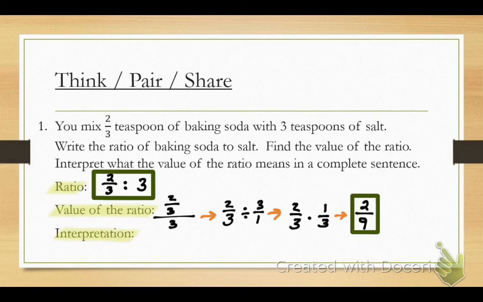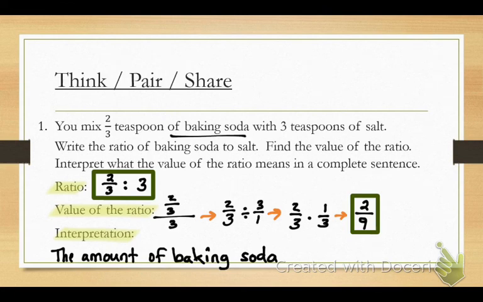All right, does anyone want to tell me what you came up with for the interpretation? Jalen, what'd you write? Perfect, okay? The amount of baking soda is 2/9 the amount of salt. So remember, as you do it, you take the first thing it asks for, the first thing it tells us. It talks about baking soda.